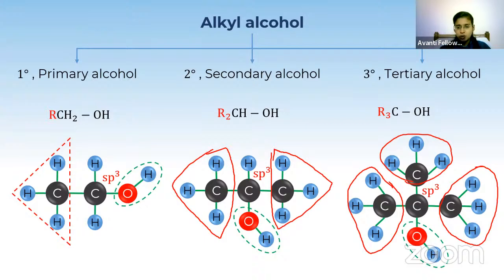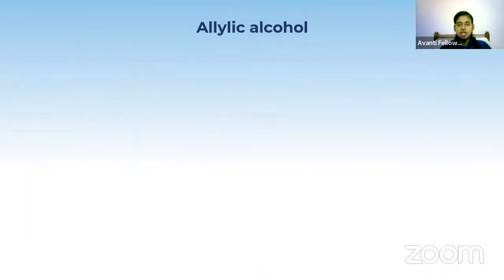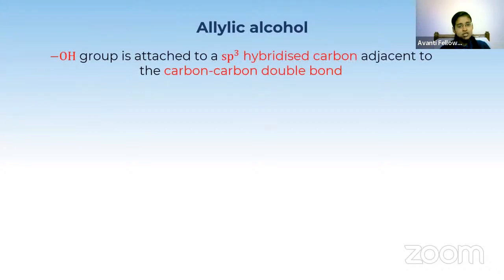allyl alcohol. Right. So coming to the allylic system, what is meant by allyl? The OH group is attached to a sp3 hybridized carbon, which is adjacent to a carbon-carbon double bond.